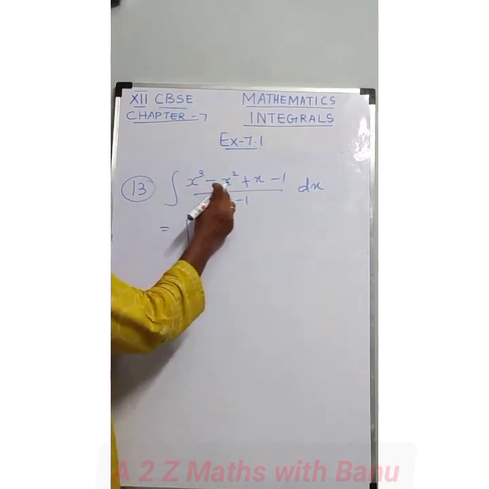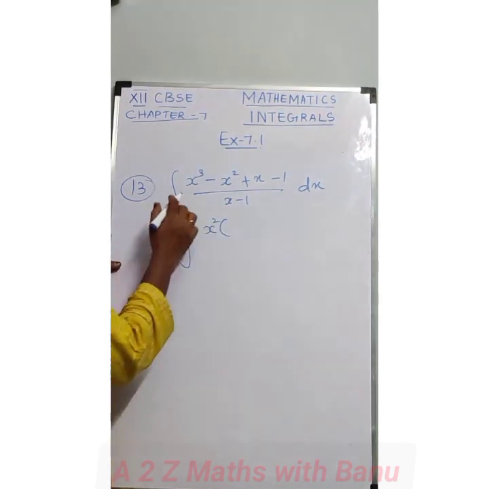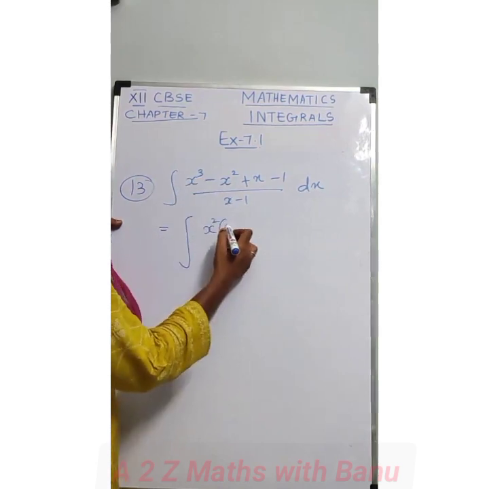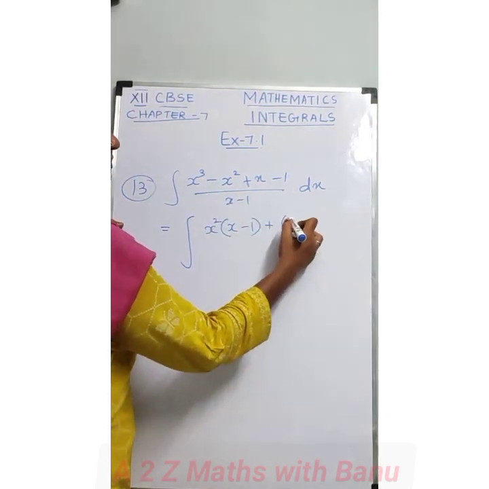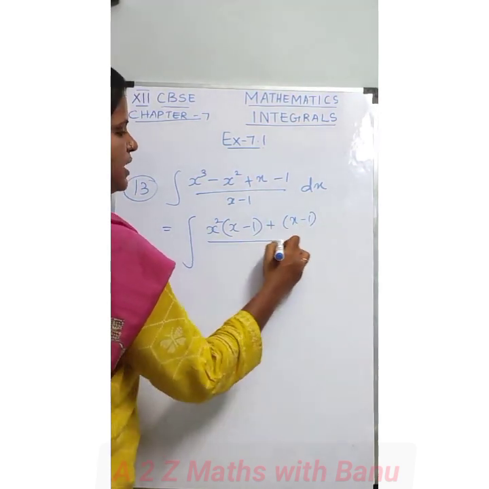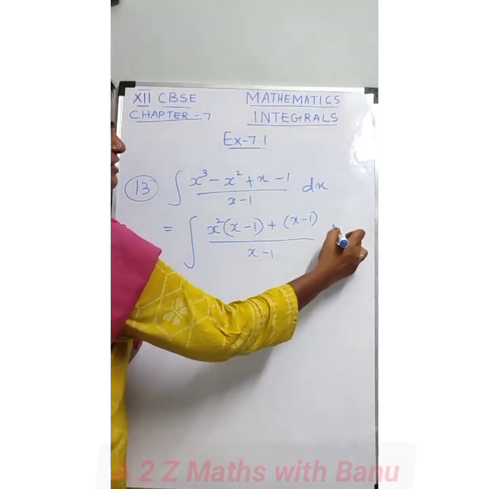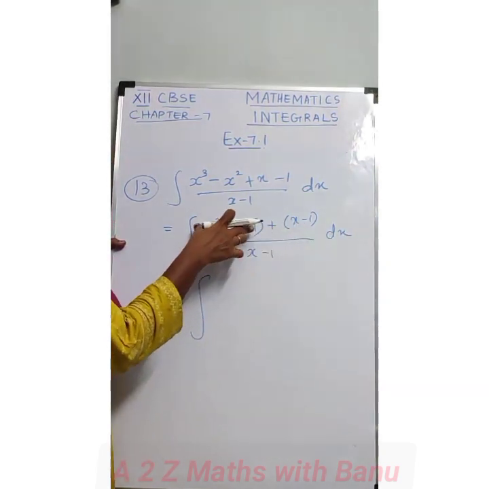I can write the first term by taking x square outside. If I take x square from the first two terms, I can write this as x minus 1. And also I have x minus 1, I am writing inside the bracket. Then in the denominator I have x minus 1. From the numerator, I have two terms.